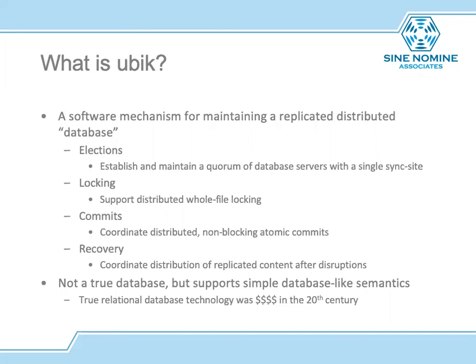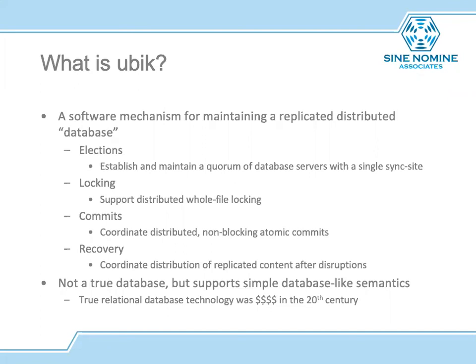And it allows for recovery in the off chance that there would be a network problem or a server would crash. The Ubik protocol allows each of the database servers to be maintained with the same version of the database. So say, for example, one server goes down and the other two are able to continue with updates.